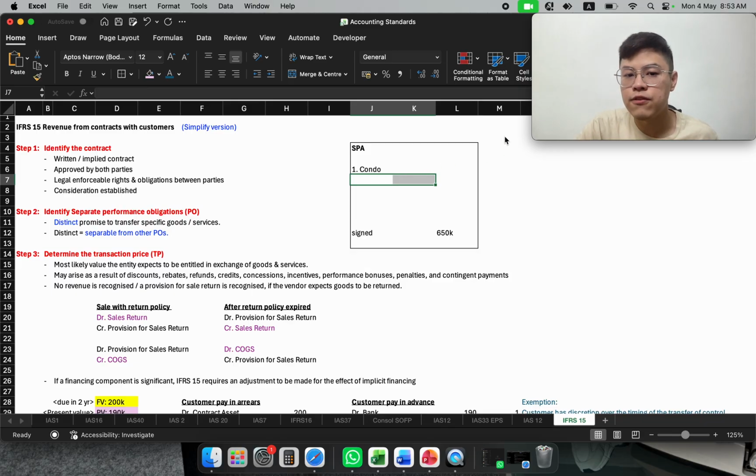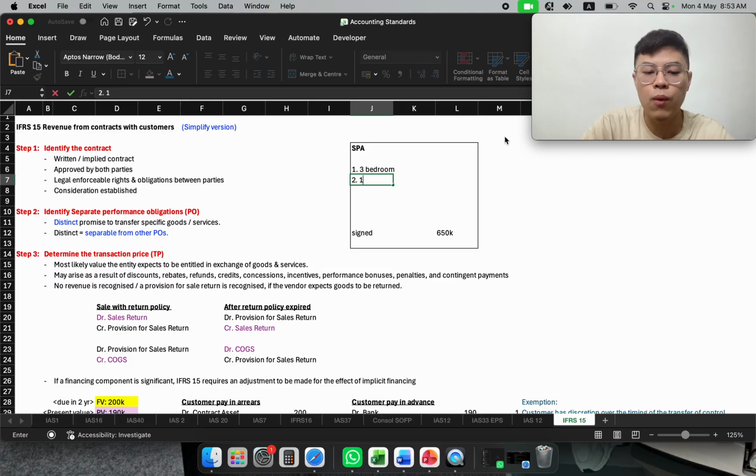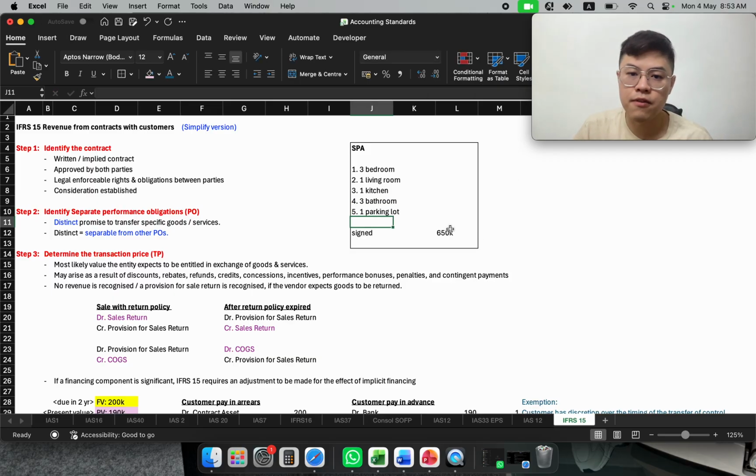However, if I were to give you the detail this way: 3 bedrooms, 1 living room, 1 kitchen, and 3 bathrooms, and 1 parking, in total 650.